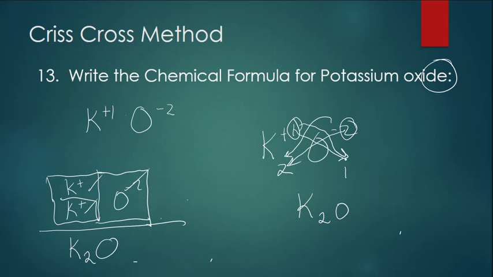The 1 gets crossed over and becomes the 1 for the oxygen. And ones are understood. What do you think? Remember, no uppy numbers. Uppy numbers, bad. Let's do more.